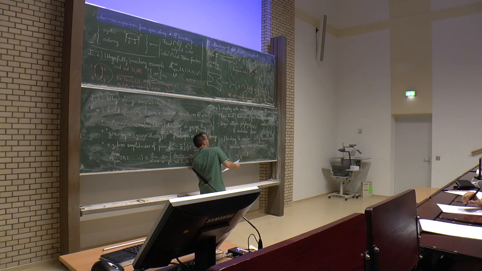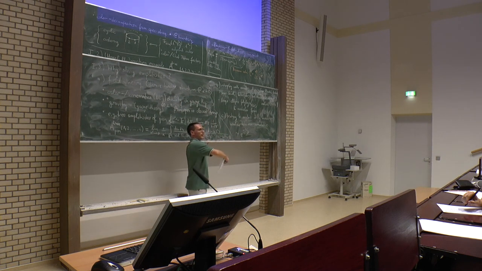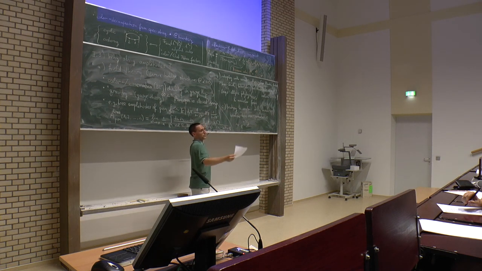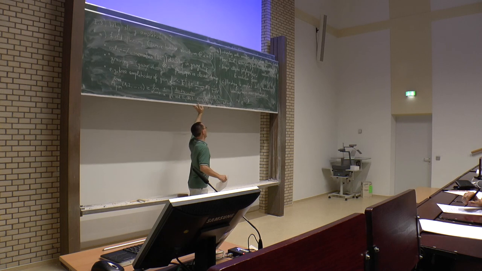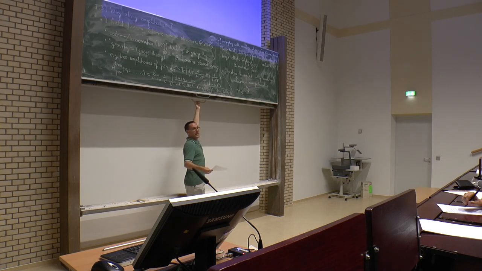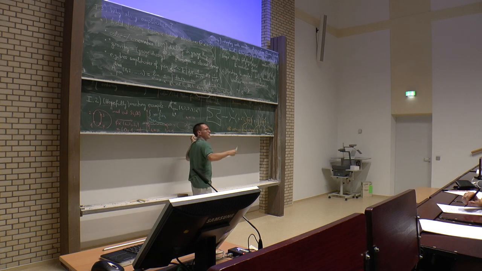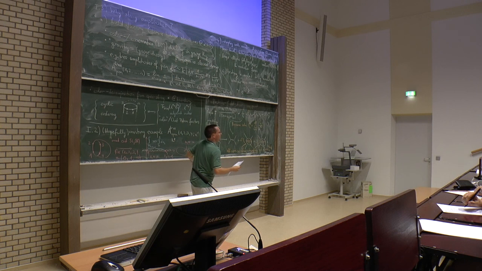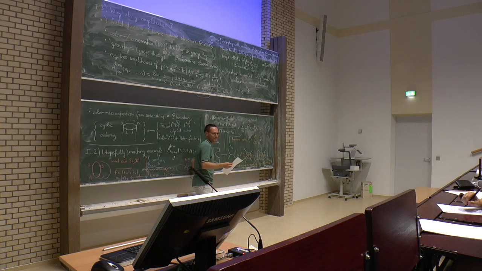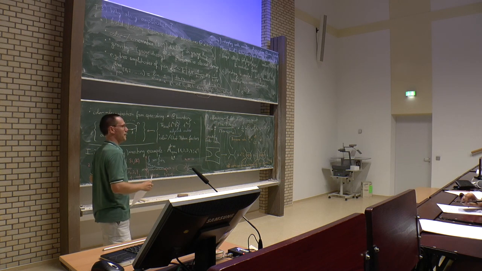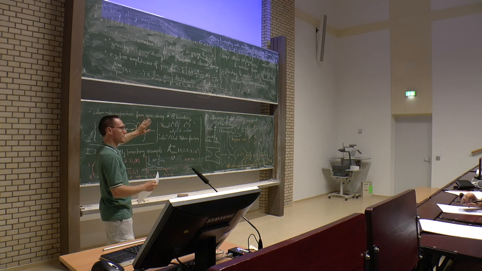Then in the second half, or maybe in the last third, I will try to give some outlook into what open problems are. I will state a couple of recent research results without attempting to derive them on the blackboard. So that's my rough idea for the rest of this course.